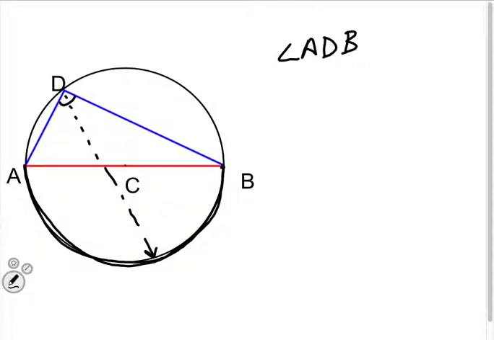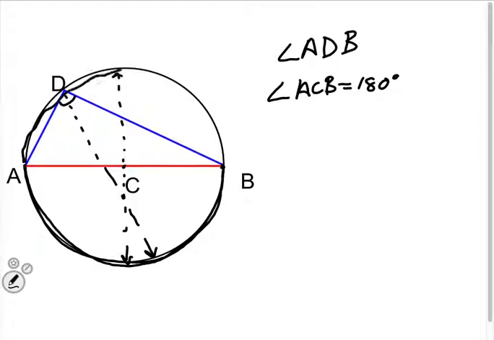So the measure of angle ACB, because it's a flat line, is 180 degrees. That angle is said to be subtended, if I go from the C, the center of the angle, by this big hemiarc down here, or this big hemiarc up here.